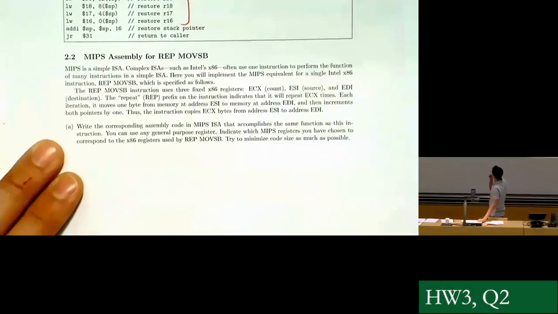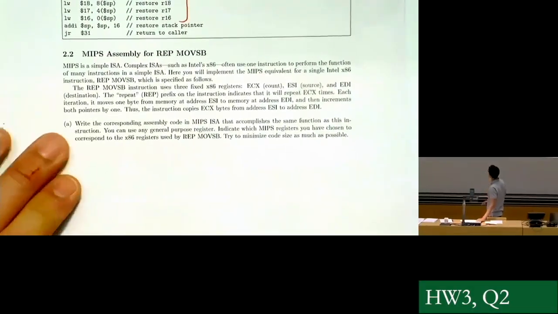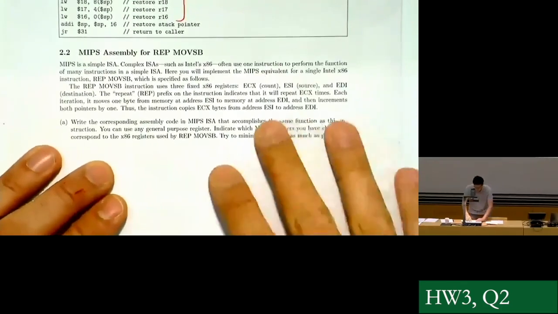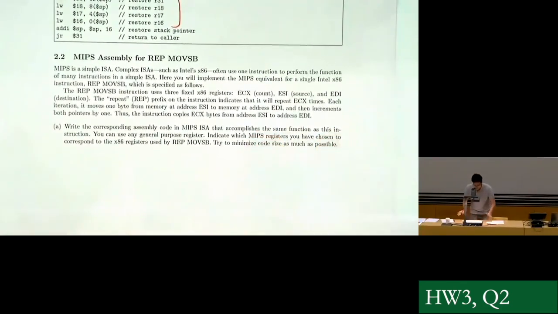And here, MIPS assembly for rep movsb. Here we are asked to write some MIPS code that is going to do essentially what one x86 instruction does.